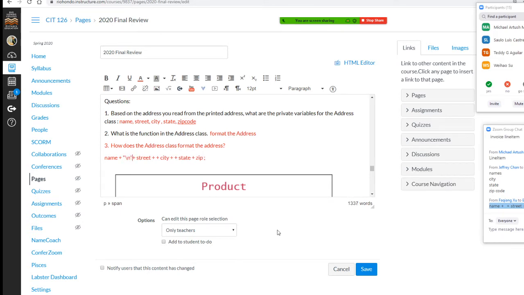Let's go to the next line. Street address, you probably need a \n. Let's go to the next line. And city, you need to have a comma, right? Then state, I think you need to have a space. Then zip. Then you go to the next line. Do you understand?